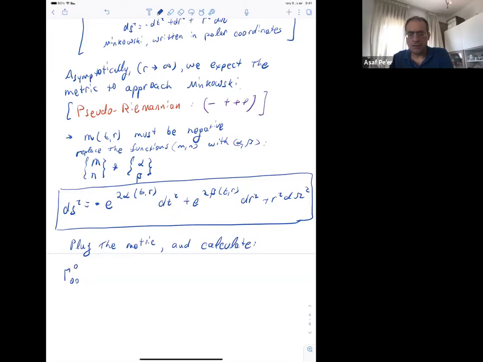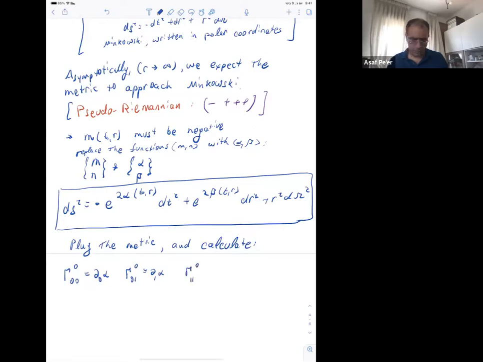Otherwise, don't get close to that. Capital mistake, which will make your life miserable. Don't do it if you ever did. So gamma 000 is just D0 alpha. Gamma 001 is just D1 alpha. Of course, 0, 1, 2, 3 is just time, R, theta, phi.